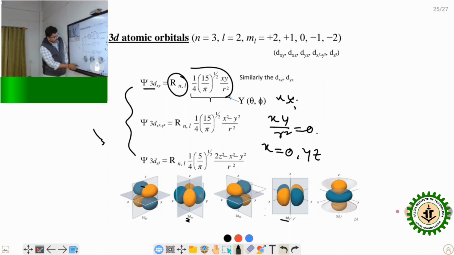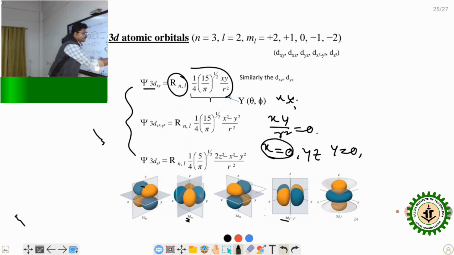So along the yz plane, the probability of finding an electron is 0. Similarly, if y is equal to 0, then it will be the xz plane. So along the x and y axes, there will be no electron. So in between the axes, there will be more electron density. So that's why xy, yz and zx orbitals are situated in between the axes.